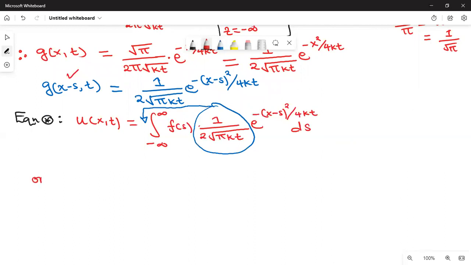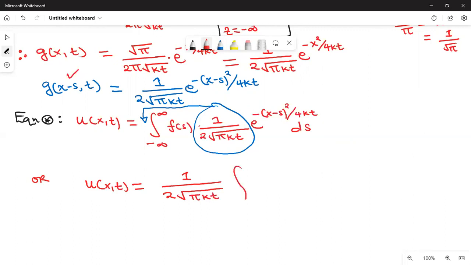So u of x,t is equal to 1 over 2 root pi kt, that's outside.